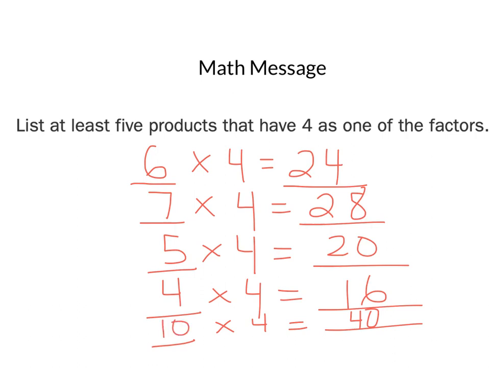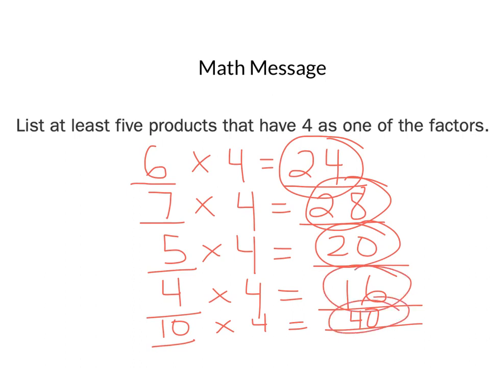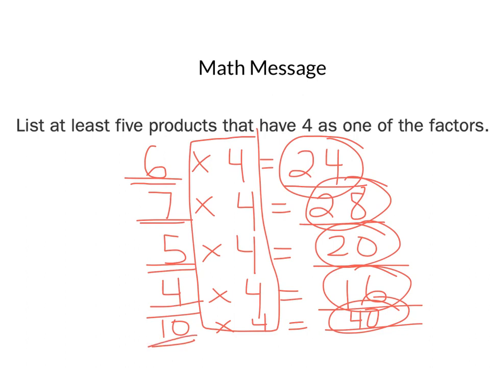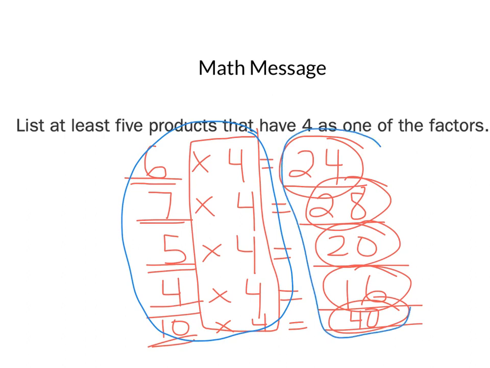So 5 products that have 4 as one of the factors would be 24, 28, 20, 16, and 40, because 4 is the common factor that they all have there, and the other factors change as the products change. So we can see that, remember, these numbers over here are called the factors, and these are called the products.